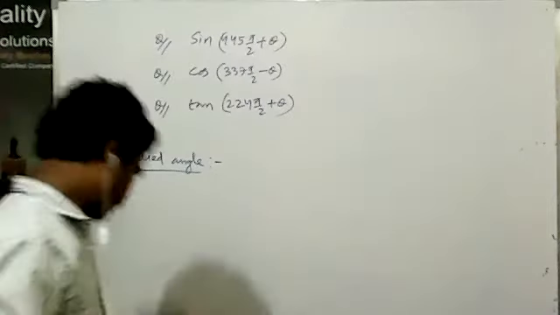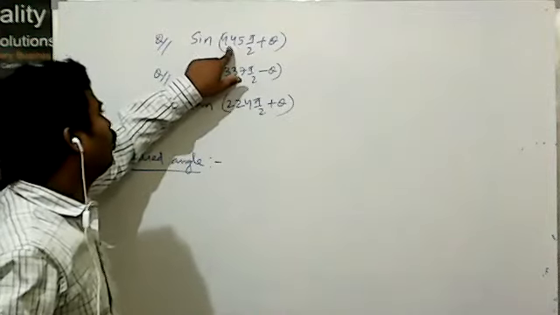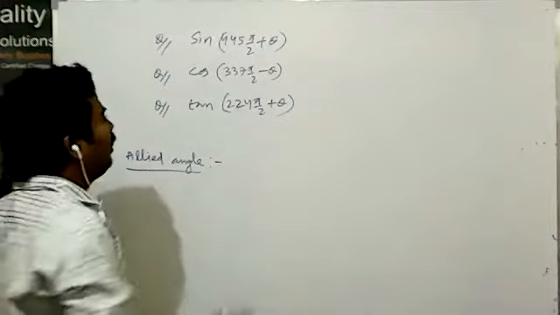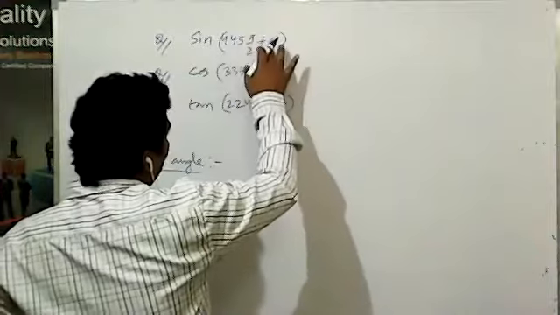Here, sin(445π/2 + θ). If divided by 4, the remainder is 1, so it is sin(π/2 + θ).